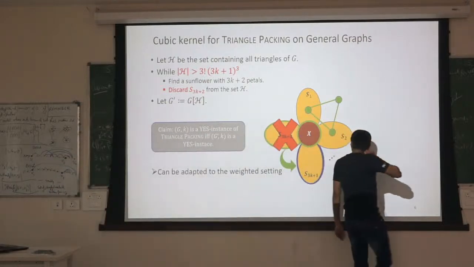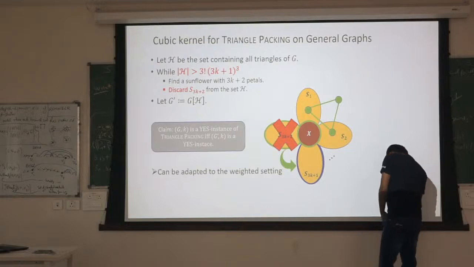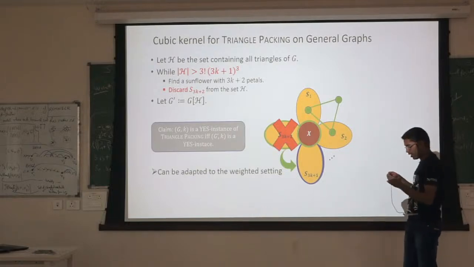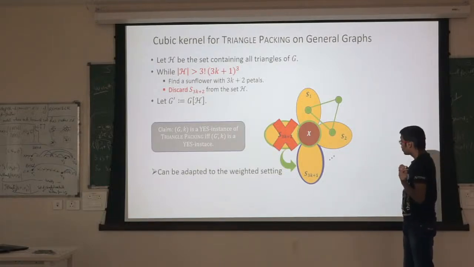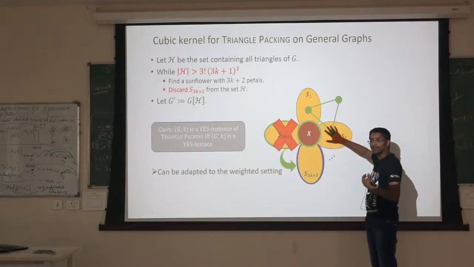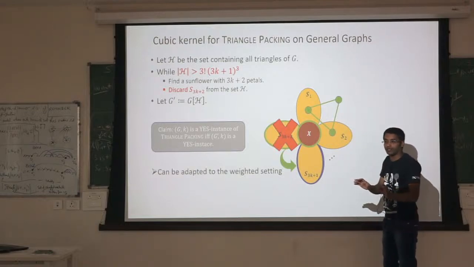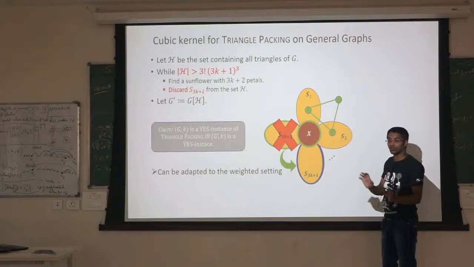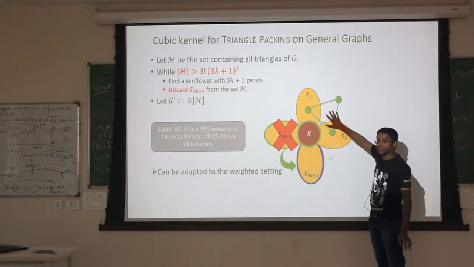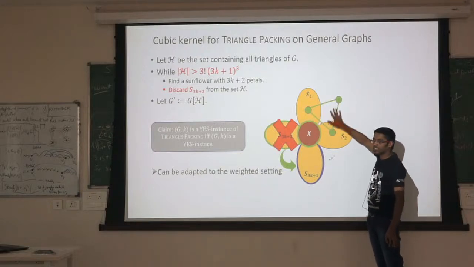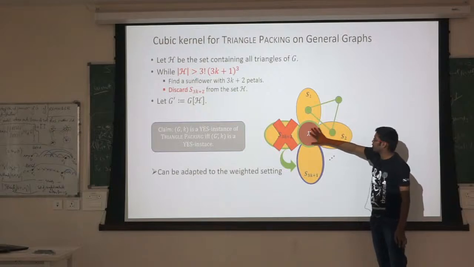I expected that this question should arrive. Note that this sunflower itself is not the whole graph, right? So there are, say, triangles here. But what you know about these triangles is that they are disjoint. That is the crucial thing. Then you get the structure. Since these triangles are disjoint, first of all you cannot hit the core.